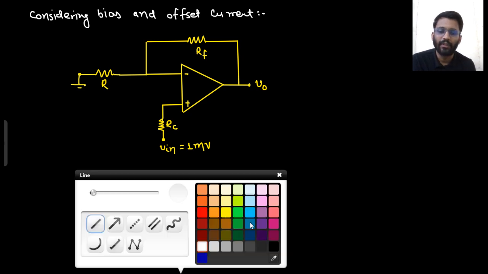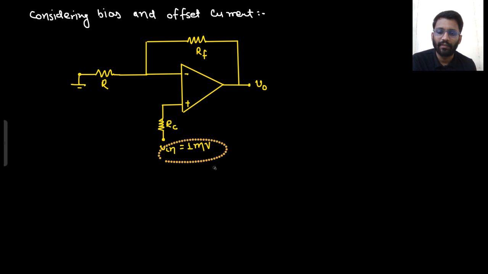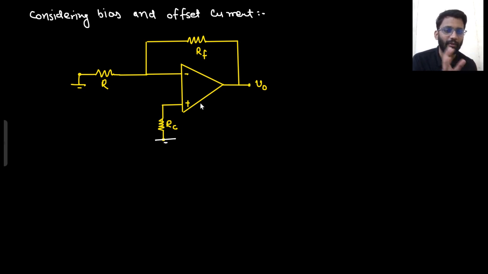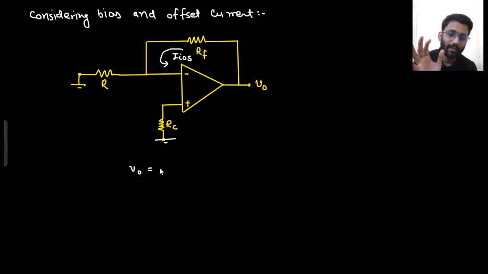So I told you what is the way. We are not going to consider anything here. This is the RC. So these will have IB1 and IB2, but the output I know what I am going to get. For this particular circuitry, I know what is the output I am going to get if there is bias current. So what will be that output? Certainly the current will be flowing like this. So my output will be plus minus IOS into RF.